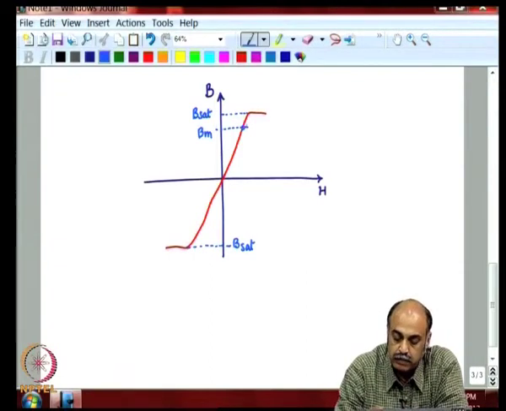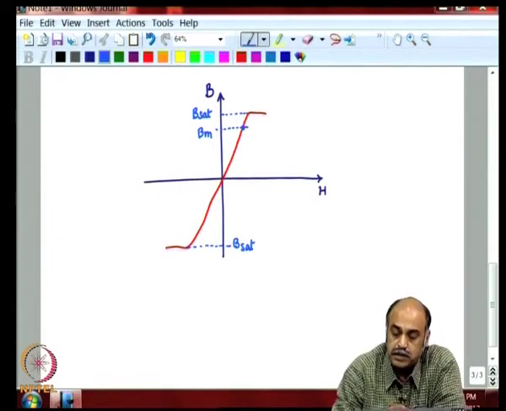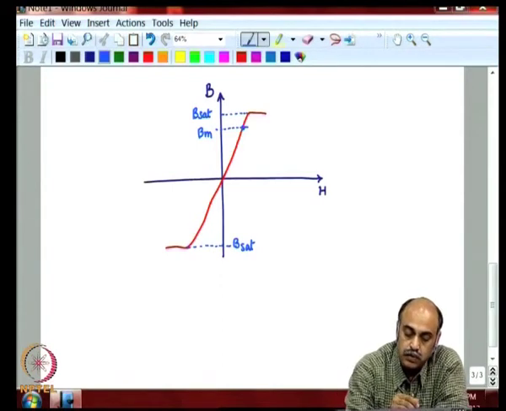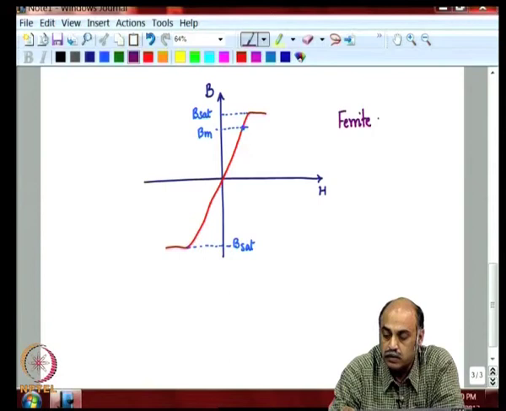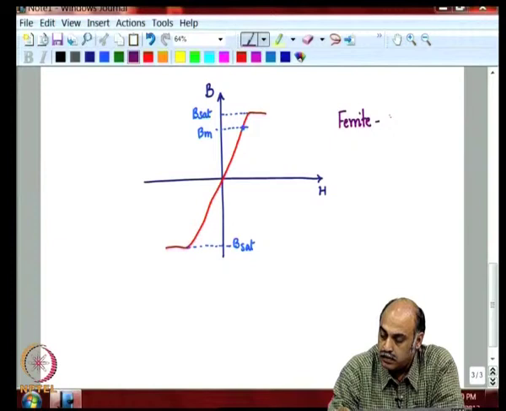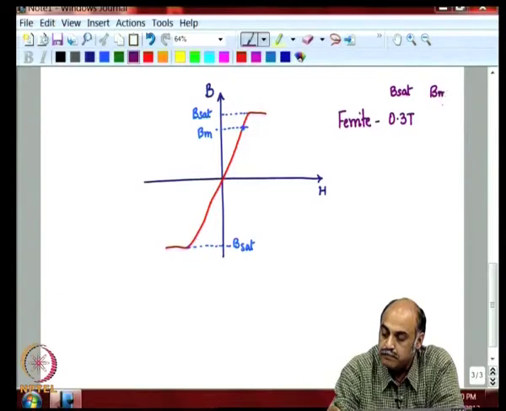So, this maximum operating flux density may depend upon the B_sat, and the B_sat depends upon the material. If you take for example a ferrite material, which is the one normally used for DC-DC converters and any high frequency applications, the B_sat is around 0.3 Tesla, and B_m you can choose around 0.25 Tesla.